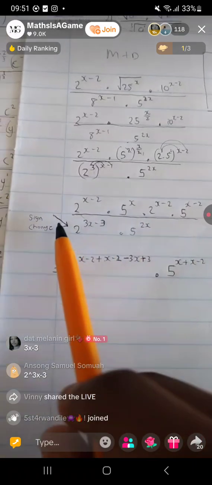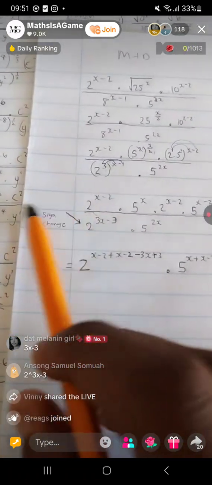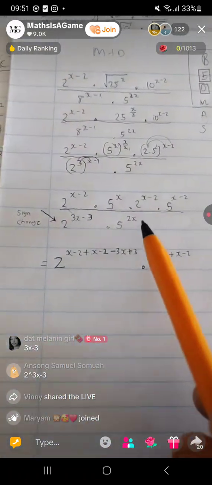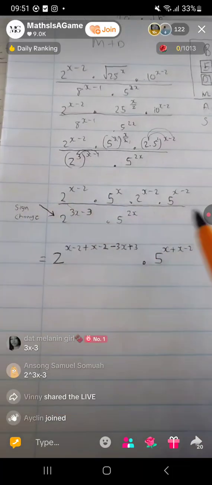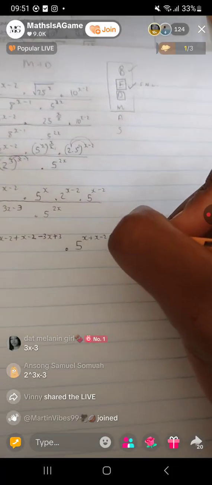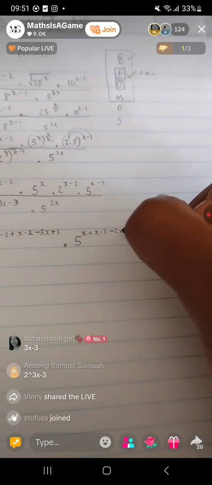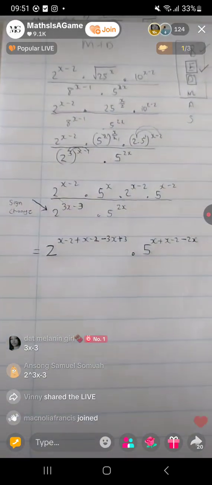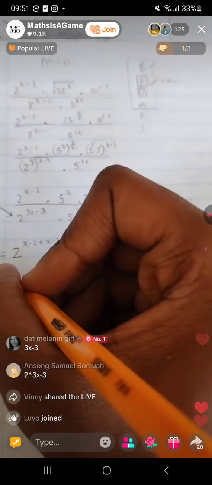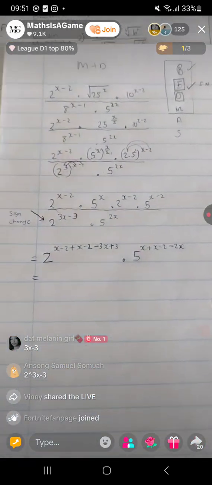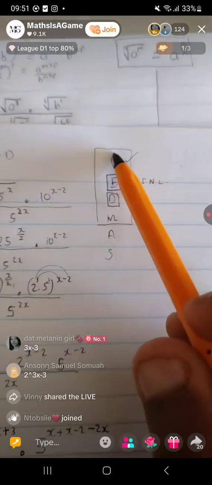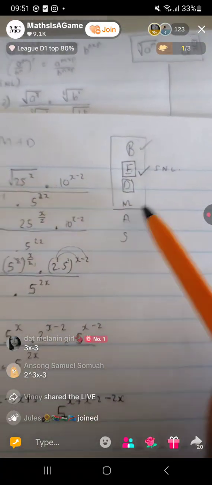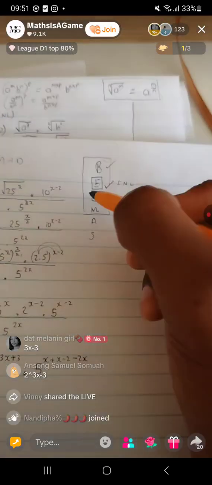He is at the bottom. At the bottom, we experience what we call the what, guys? The sign change. So 2x is negative 2x. Then we are out of bed, officially and finally.